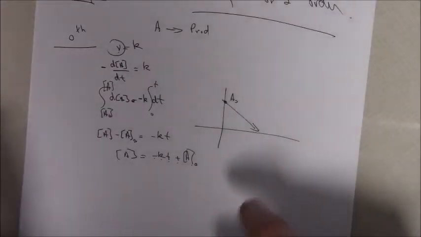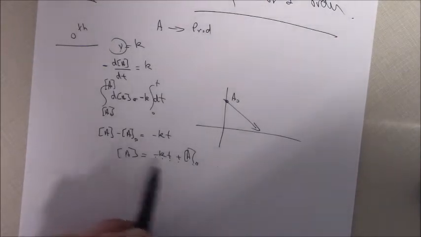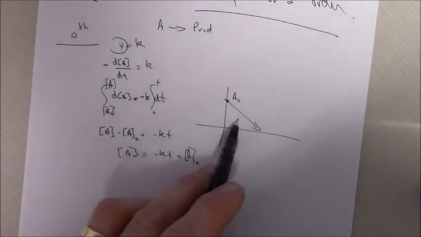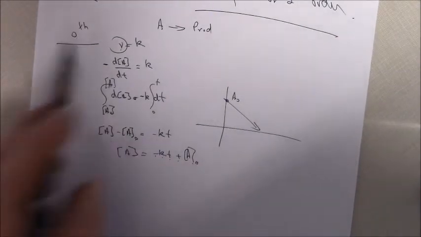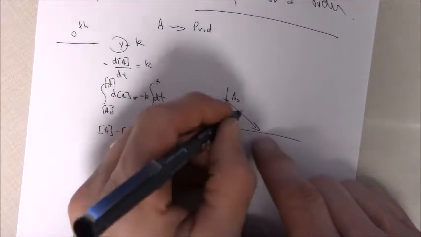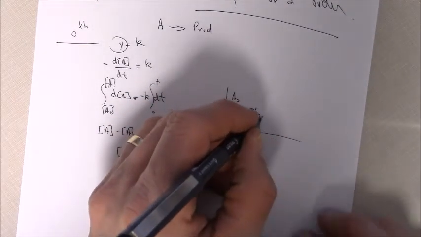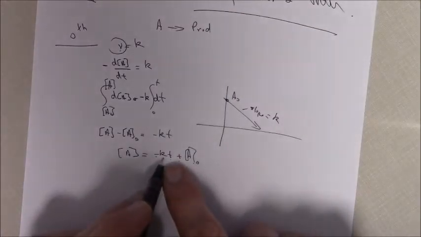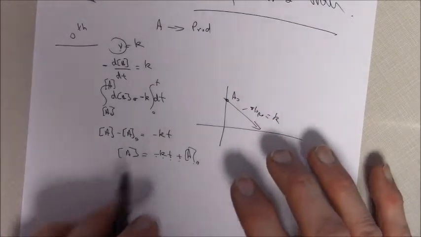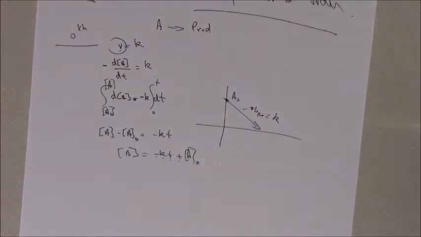In other words, if you plot the concentration versus time and you get a straight line, then it means it's 0th order, and the slope would equal k. That's literally what you would do. This is the first thing I did, and this is what I expect you to do.